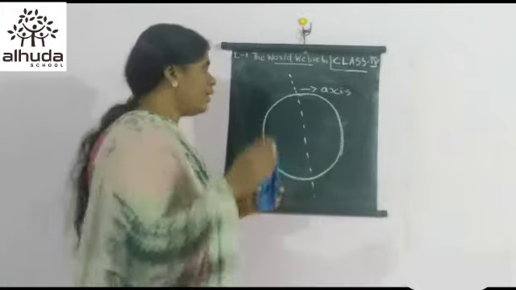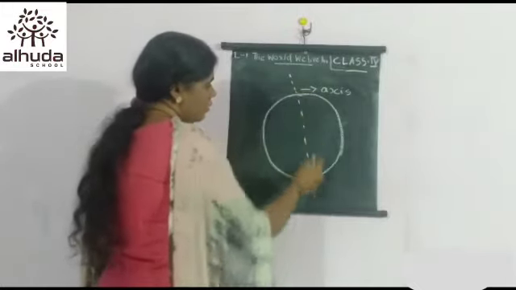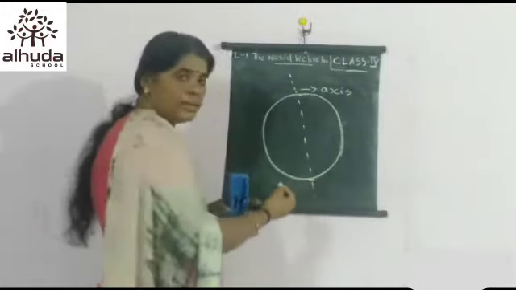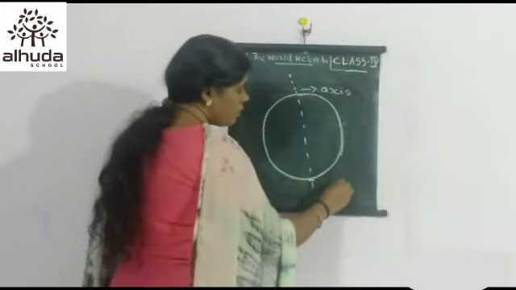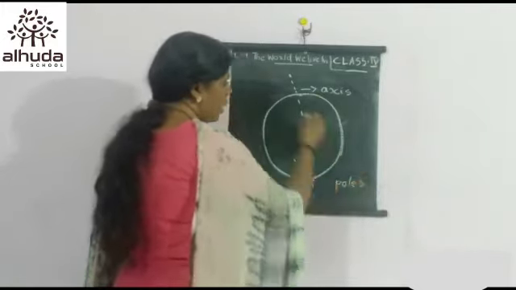Consider these two ends. These are called poles. These end points are called poles.